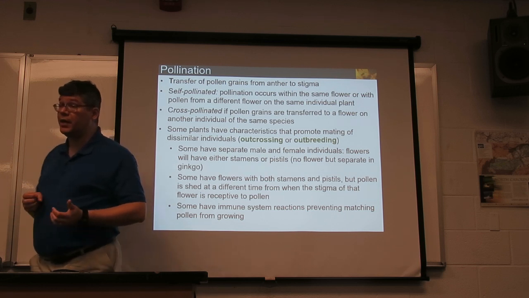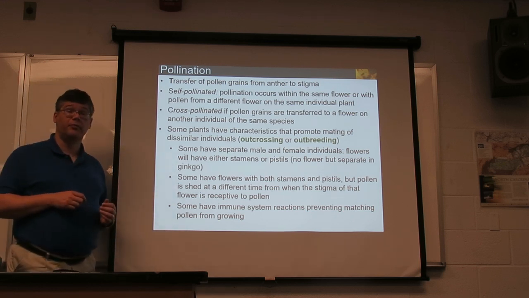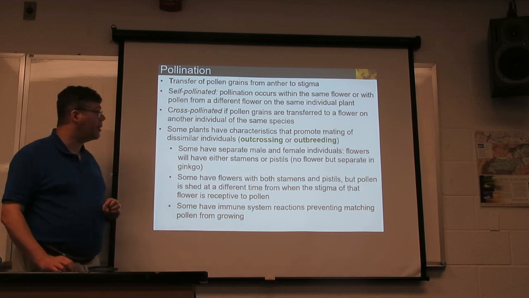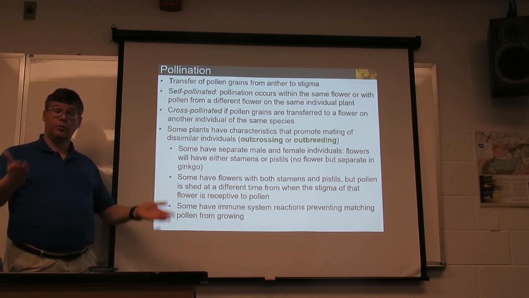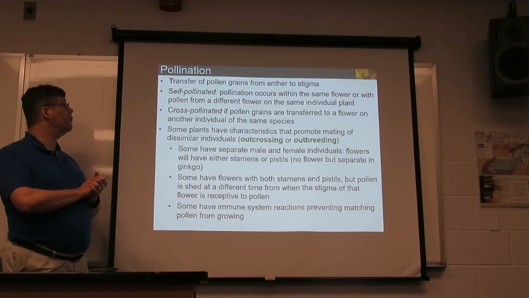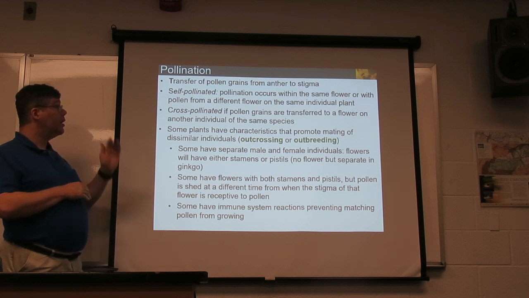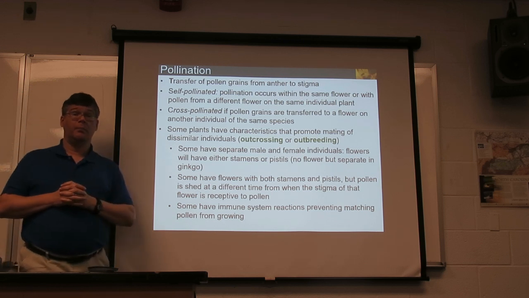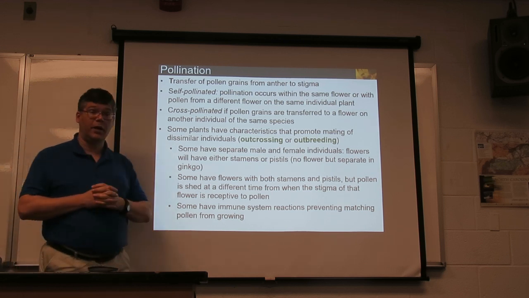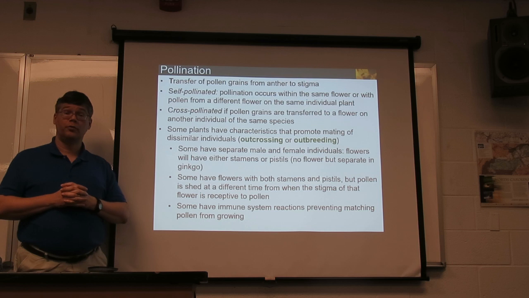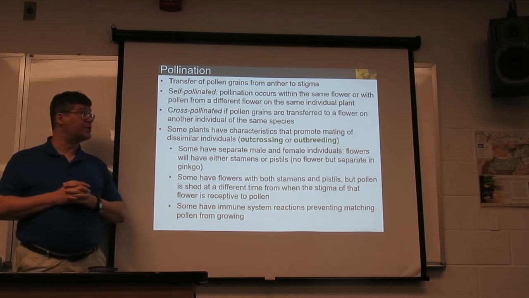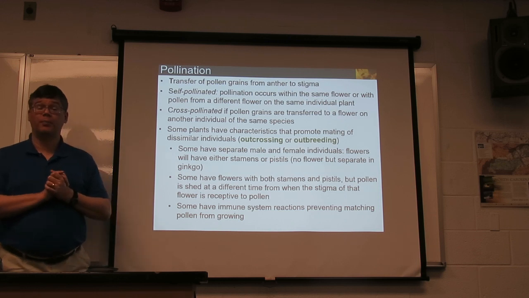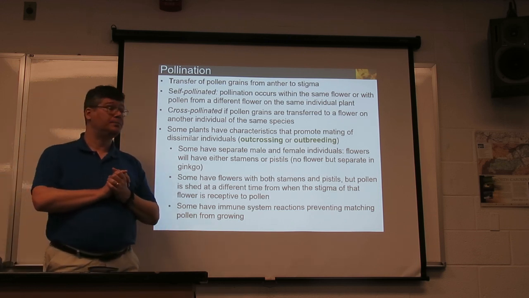Pollination is the process of getting that pollen from the male flower part to the female flower part. Some plants may self-pollinate. Pollen may stay within the same flower, or transfer between different flowers on a single plant. Or we may have cross-pollination where pollen from one plant comes to another.